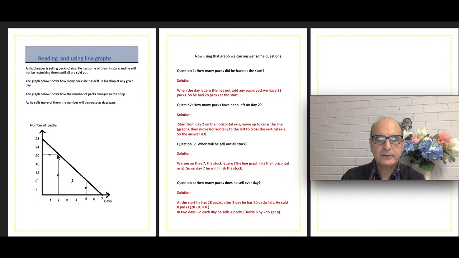Once we cross the graph, we go horizontally or across to hit the number of packs axis, and in this case we hit it at 20. So day 2 goes with the number of packs of 20. In other words, on day 2 he's got 20 packs left in his store.